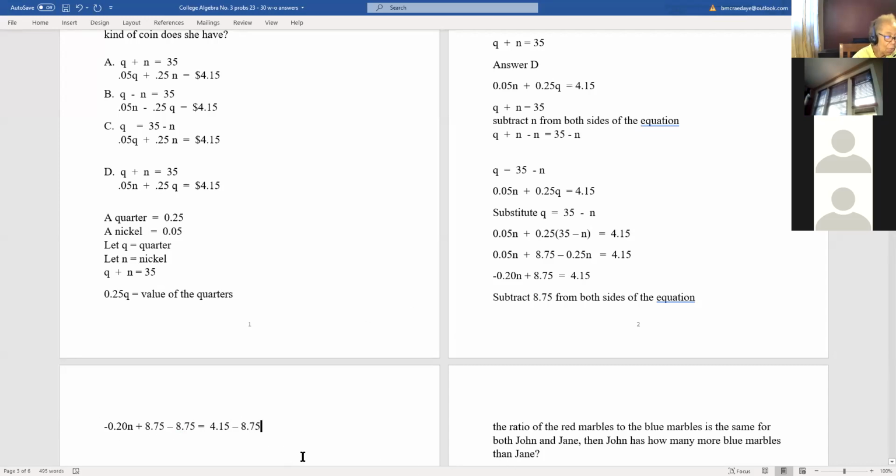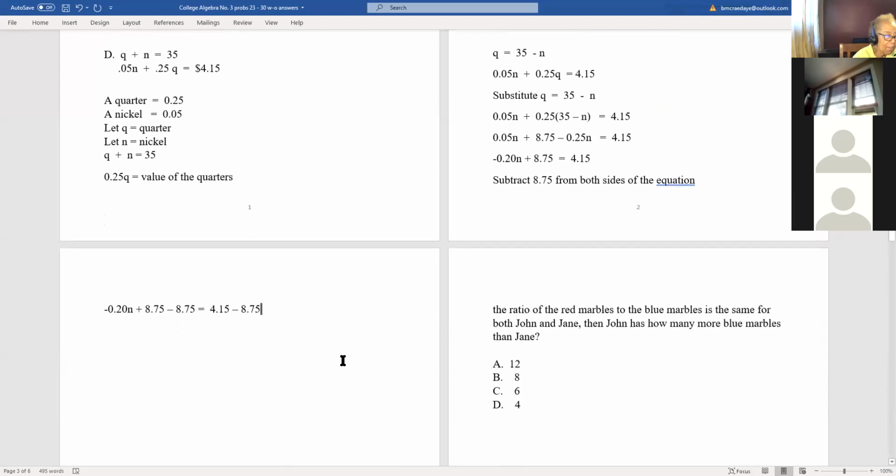Okay, so on the left, what do we get? Plus 8.75 and a minus 8.75 give you what? 0. So you'll have left what? Minus 0.20n.